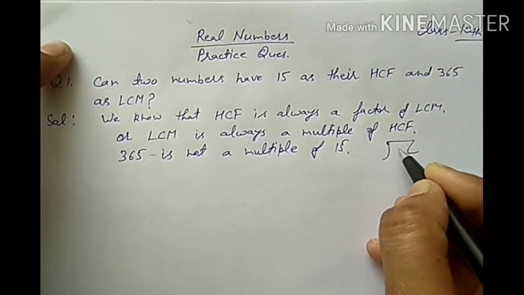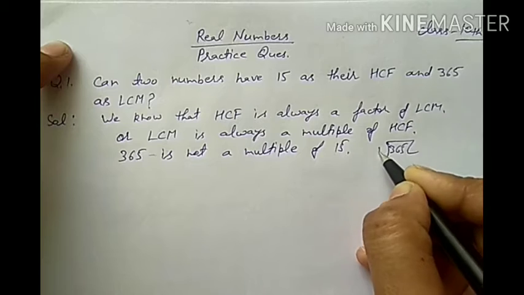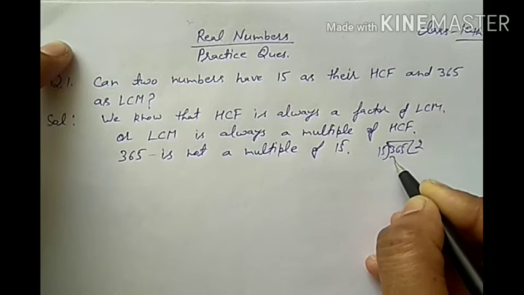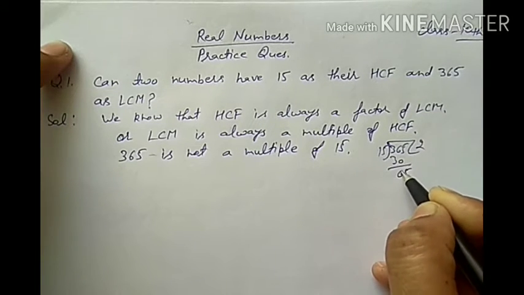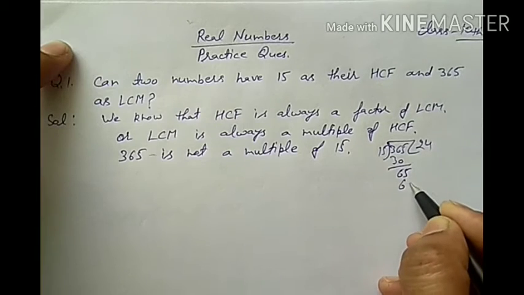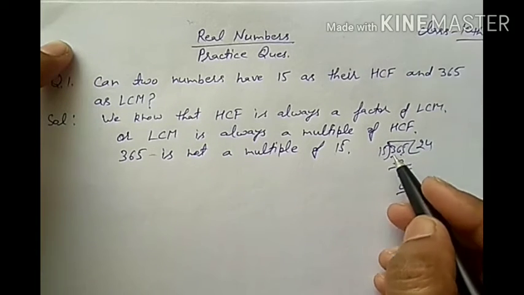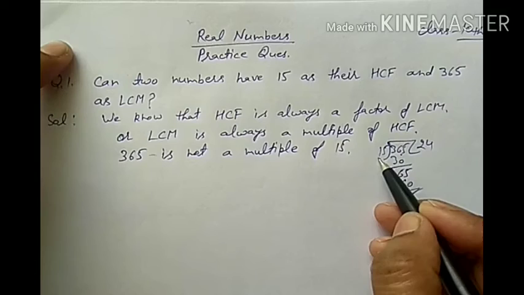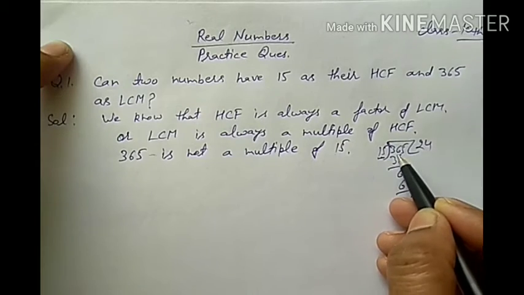You can see, 15 times 2 is 30, remainder 6, 5. 15 times 4 is 60. So it is not completely divisible by 15, which means 15 is not a factor of 365.